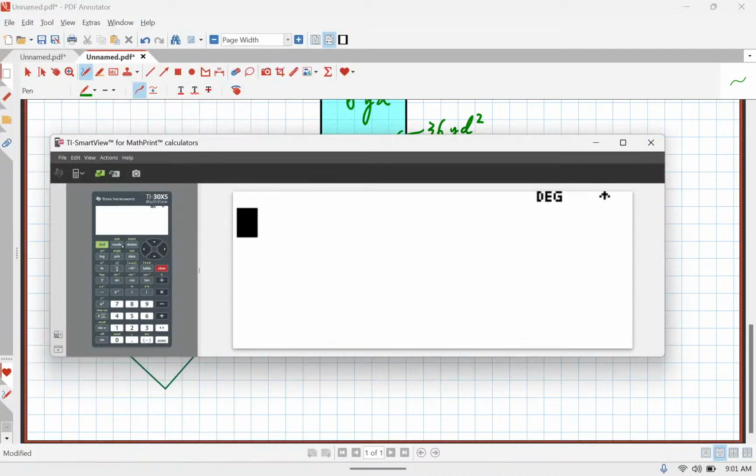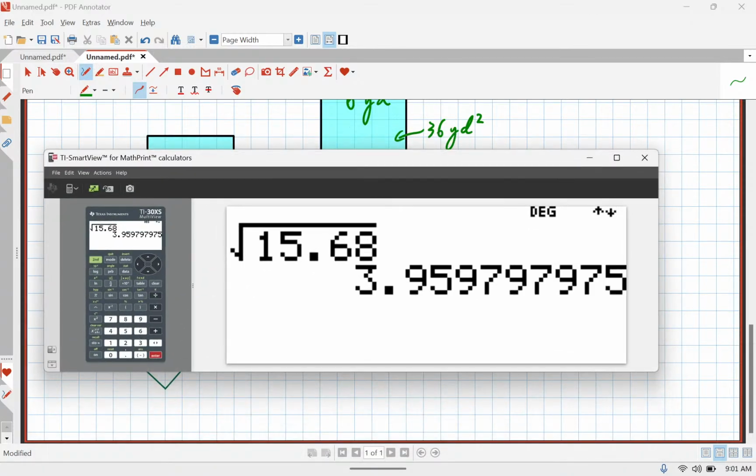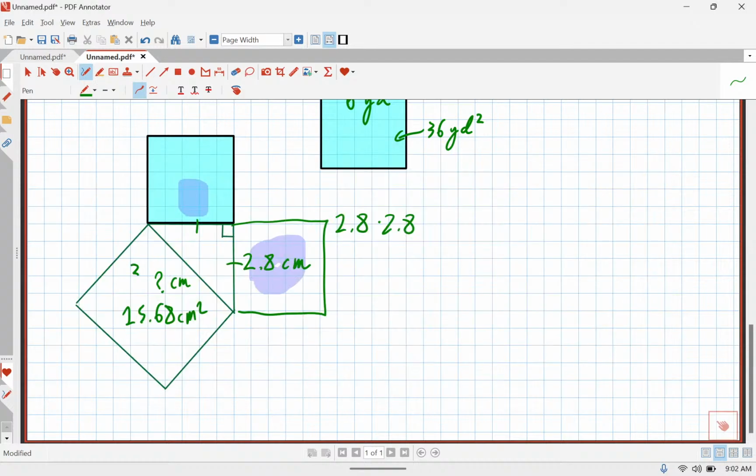The square root, yeah. The square root of 15.68 is 3.959, so that would round up to 3.96. That's about 3.96 centimeters.